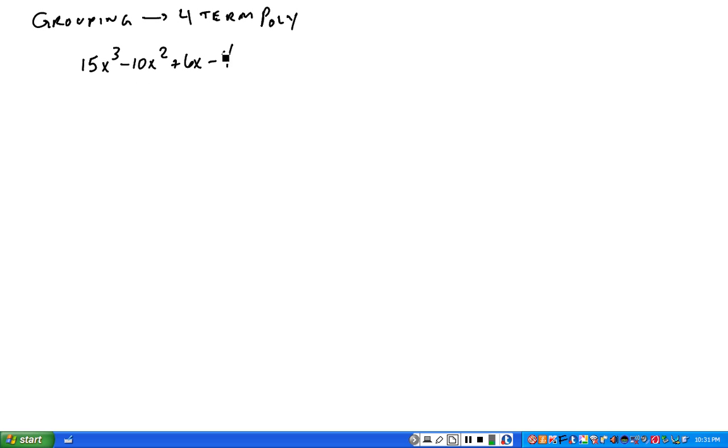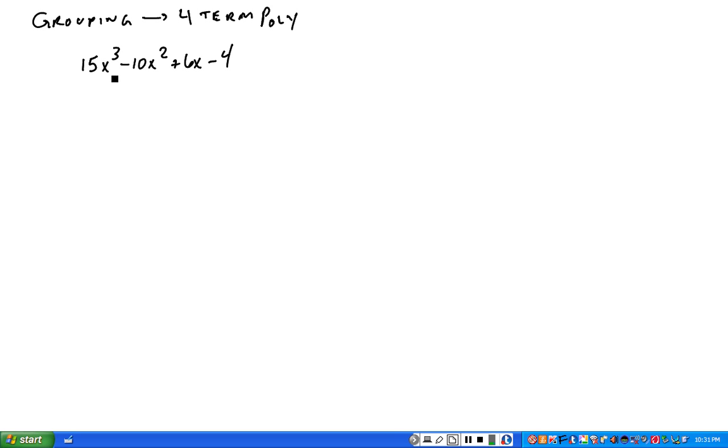However, the fourth term does not have an x in it, so I cannot pull out an x. That rules out the possibility of pulling out a common variable as my GCF. We don't see any common binomials at this point. So those are the three things we mentioned before for GCFs: a common coefficient, a common variable, or a common binomial.